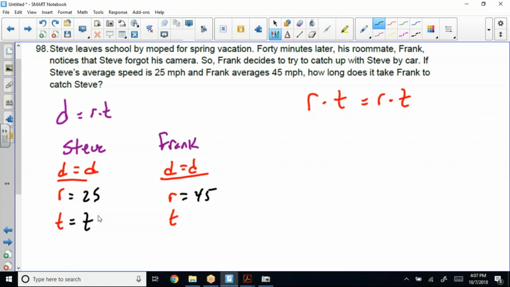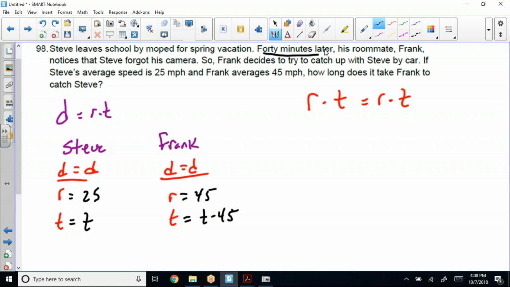Steve's driving at a slower rate, and Frank's driving at 45. So it's going to take Frank less time to catch Steve. Is everybody in agreement with that? I know in class you could probably say yay or nay. So I'm going to write Frank's time with respect to Steve's, right? If it takes Steve 30 minutes, it's going to take Frank a little bit less, 30 minus some amount. So T minus 45, okay?